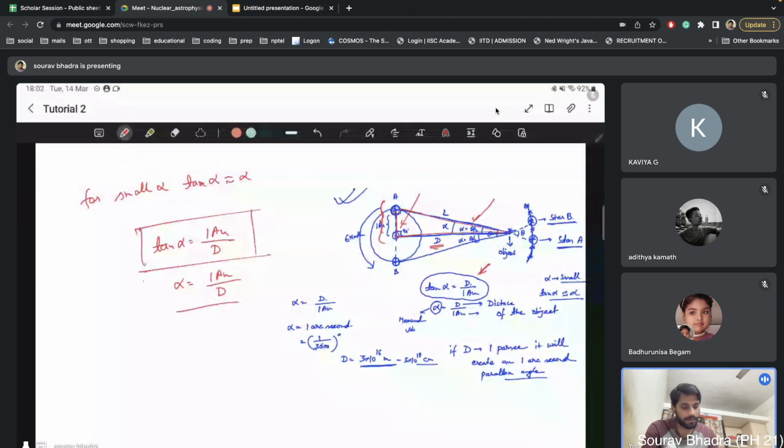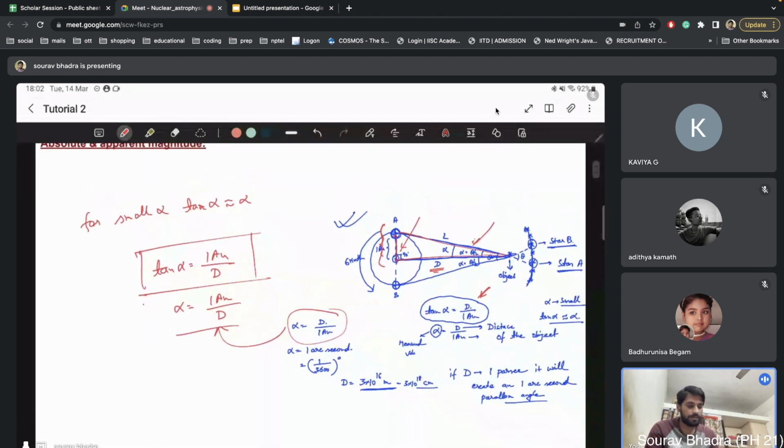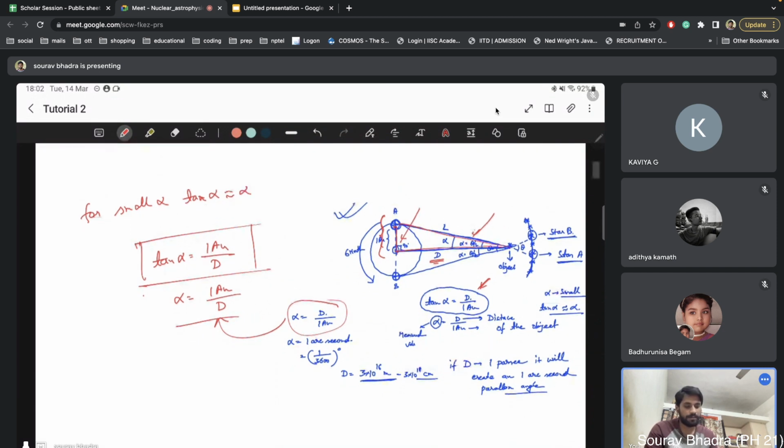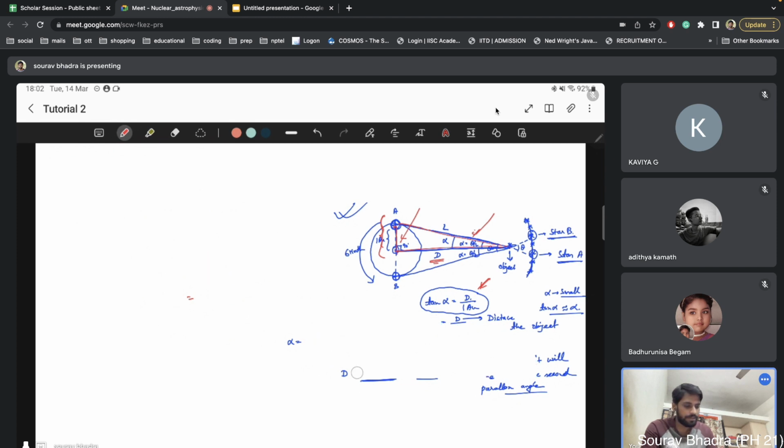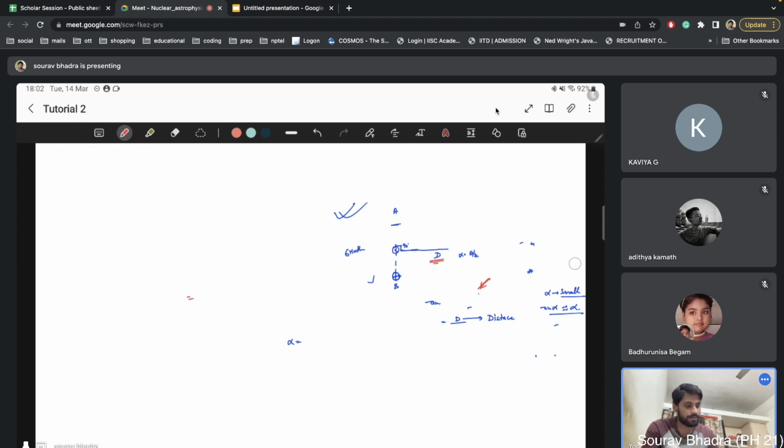Instead of alpha equals d by 1 AU, the correct expression is alpha equals 1 AU by d. That was the mistake which I found later, so please correct this part when you go through the first class. I will erase it and we'll start today's class.